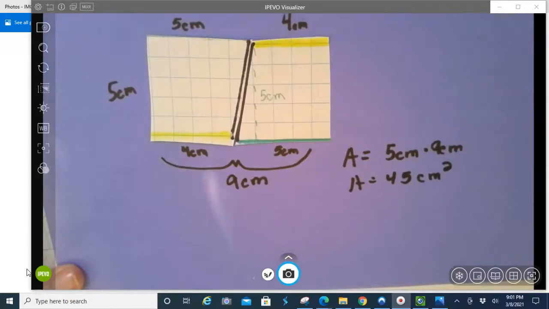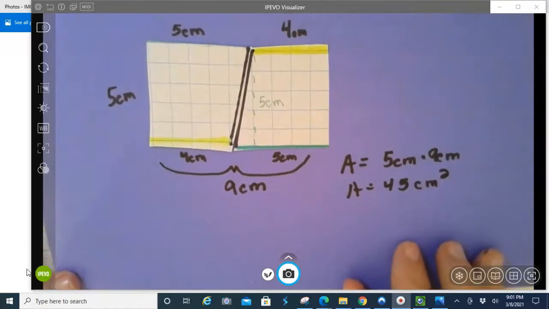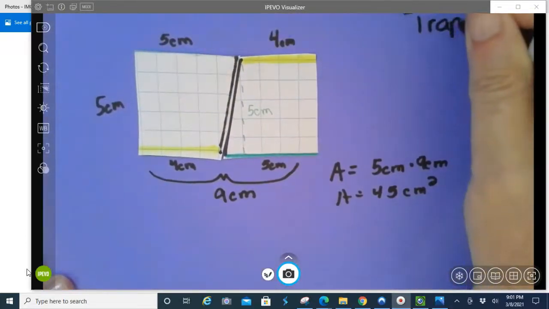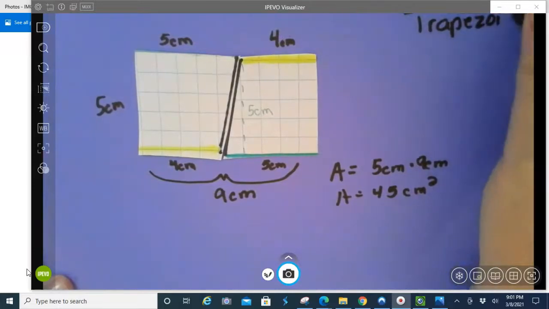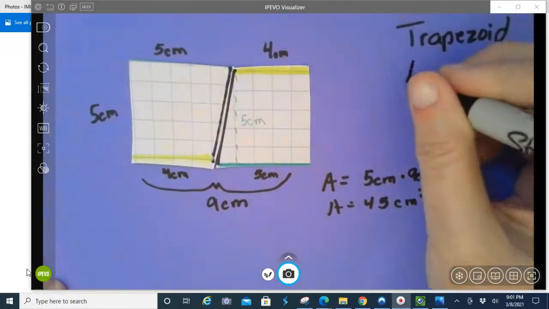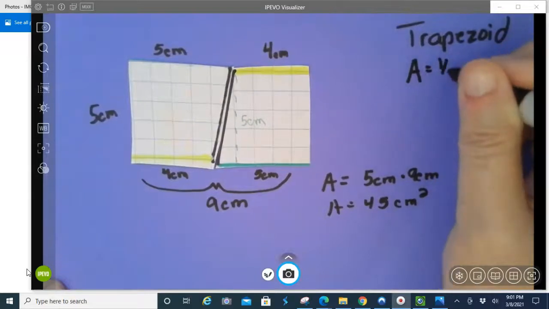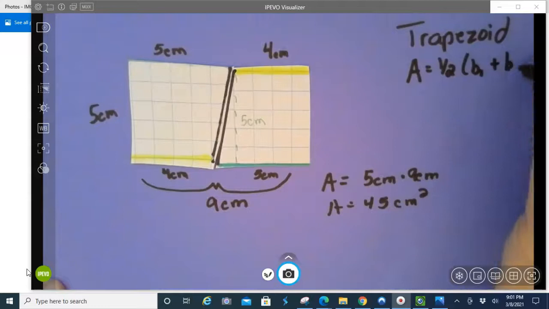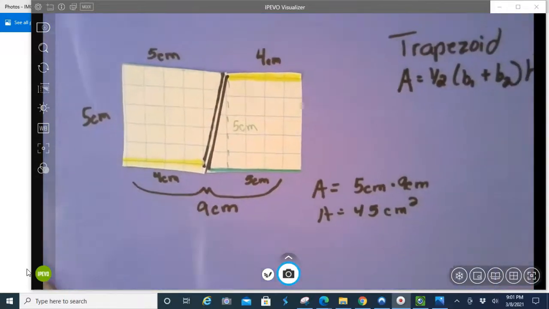This is going to help us figure out where the formula for area of a trapezoid comes from. So let's look at that formula. For a trapezoid, the area equals 1/2 base 1 plus base 2 times the height.